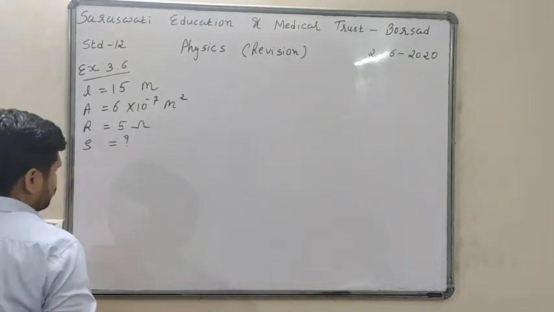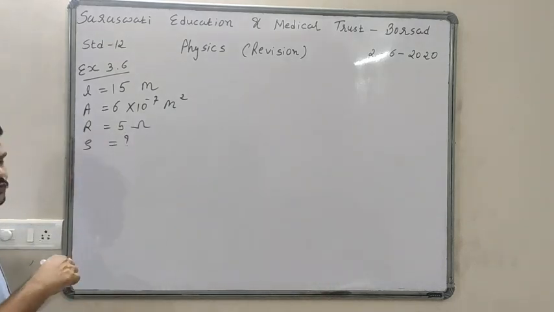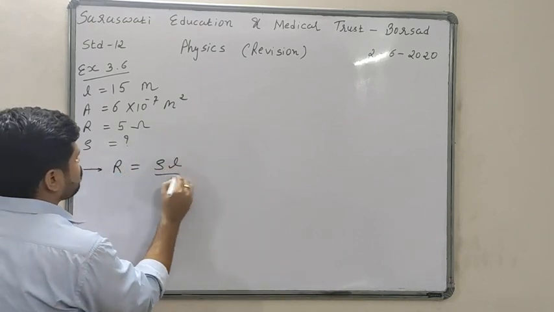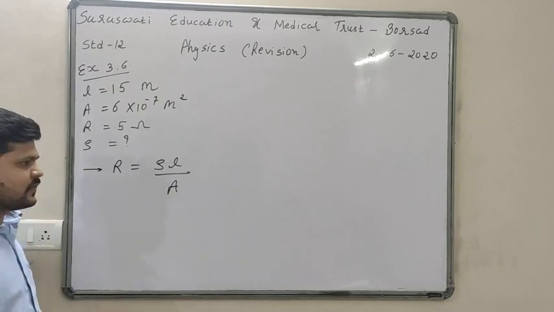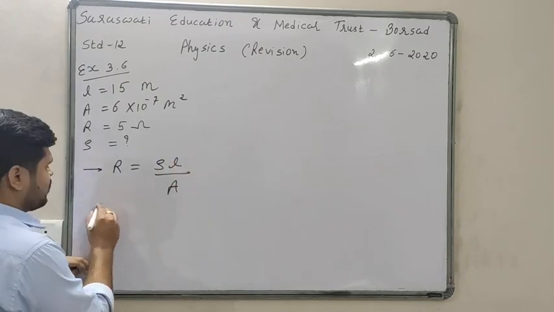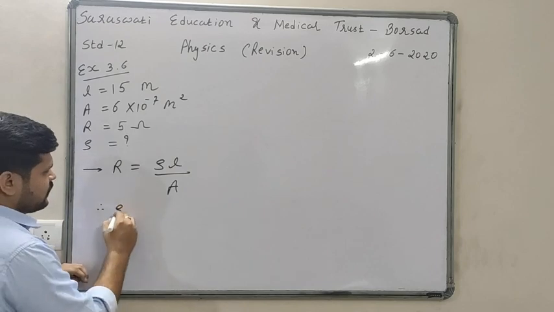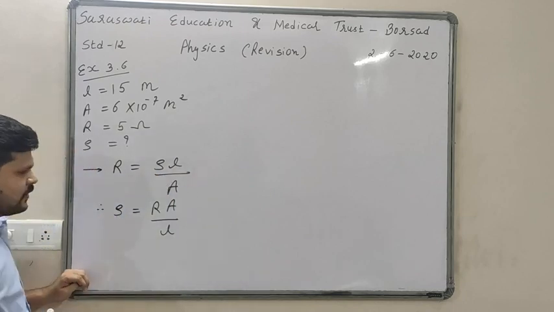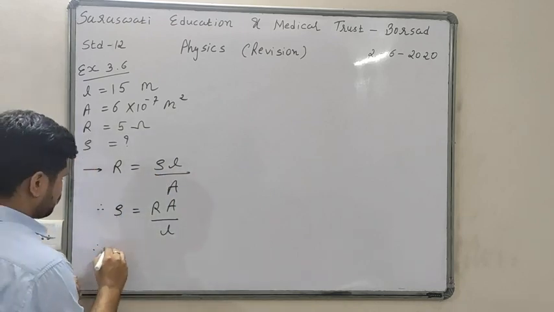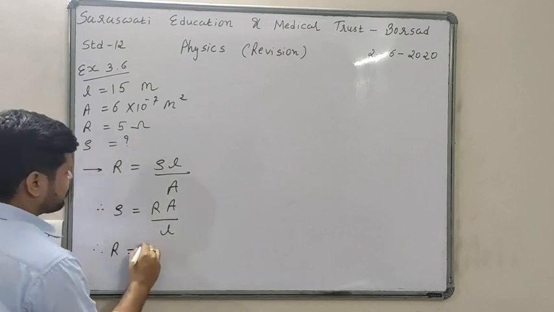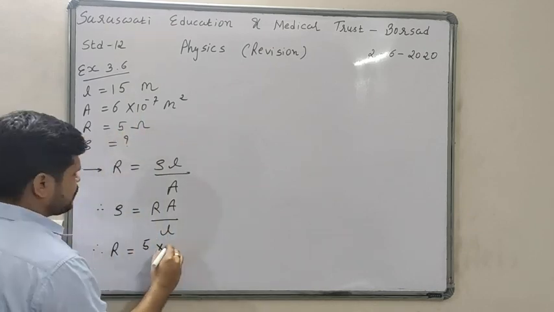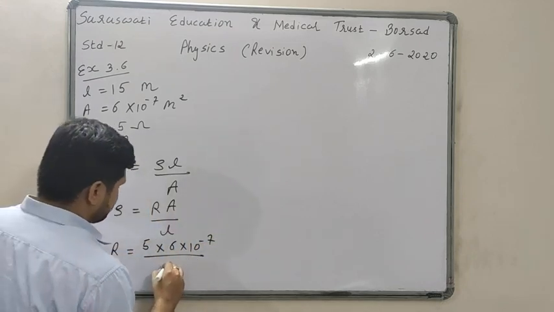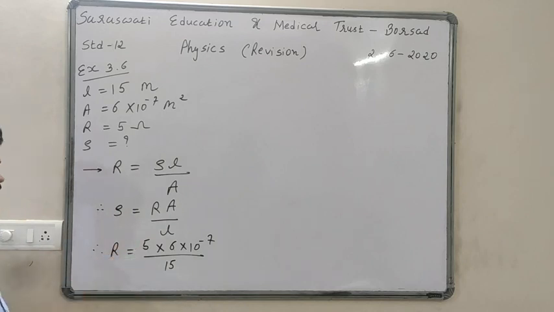According to Ohm's law and the dependence of resistance theory, we know that resistance R is equal to rho L by A. Now we are asked to find rho, so making rho the subject, rho is equal to R A by L. Put in all the values: R is 5, area is 6 into 10 raised to minus 7, and length L is 15 meter. Solve this and we can find the answer.